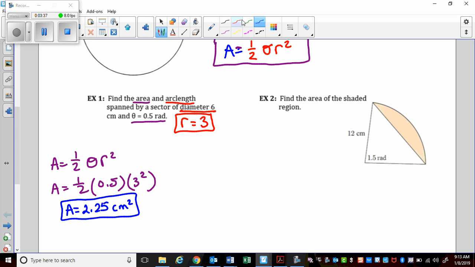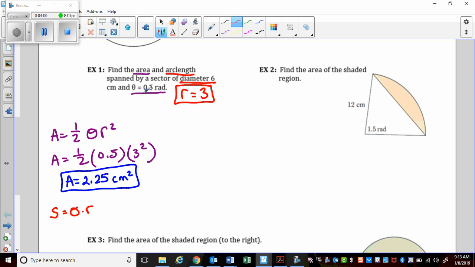Alrighty, now let's look at the arc length. We learned this earlier in the chapter. Arc length, the formula is easy. It's really easy. We just have to remember it. Let me just choose a different color. I'm going to try red. So my arc length, we usually use S for arc length, is theta times the radius. That's all we have to do.